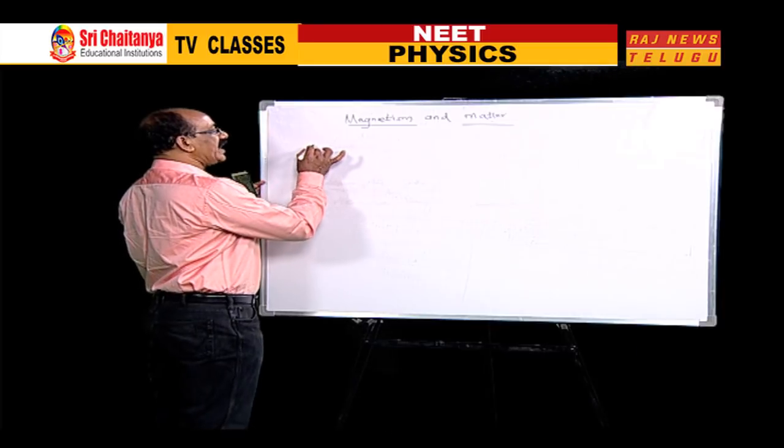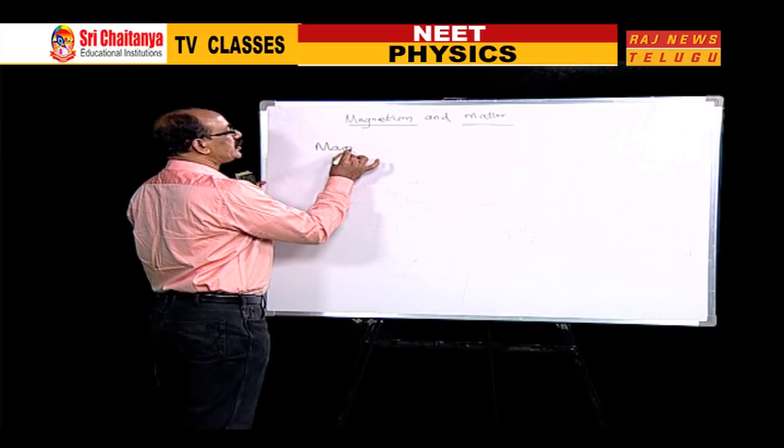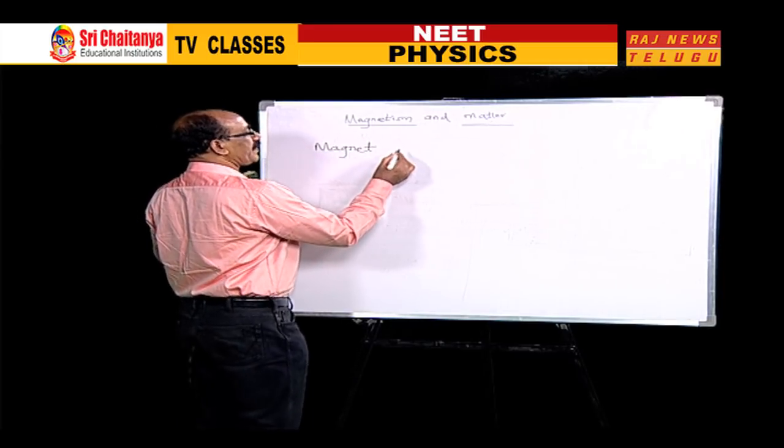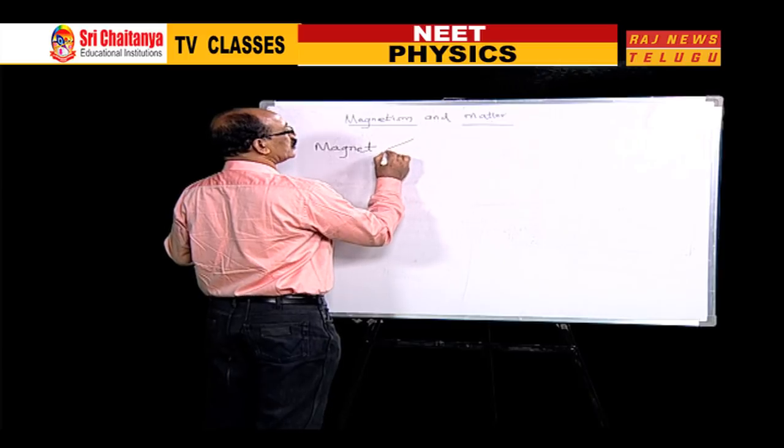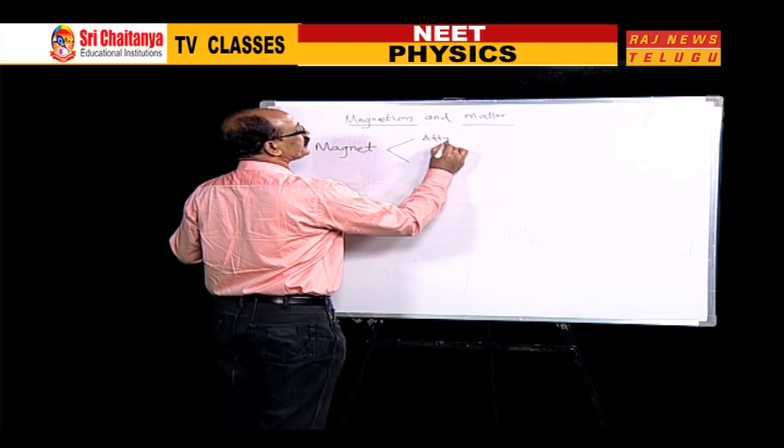So a magnet is one which fundamentally shows two properties. A magnet shows attractive property.